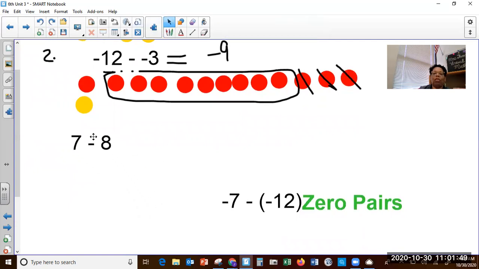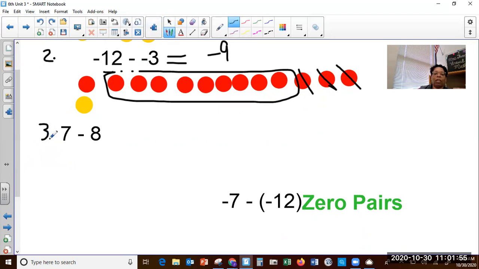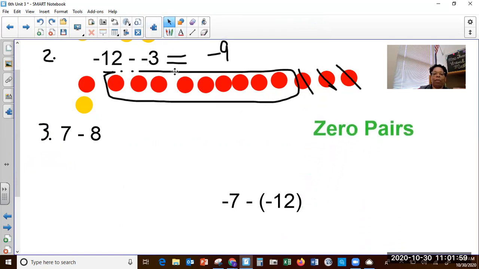Now, this one is going to be a little different. Because the first number is smaller than the second number, now we're going to need our zero pairs. So this is saying 7 positive, and the second one is minus 8. So I'm going to pull out 7 positives.